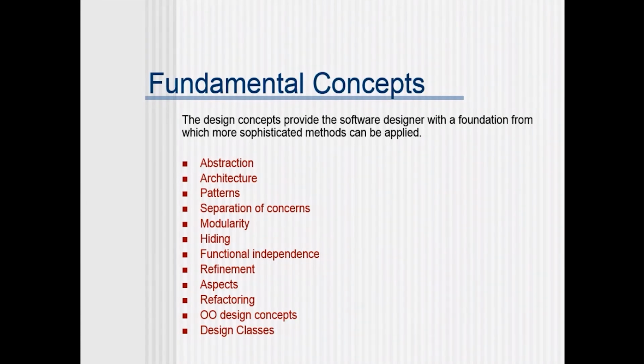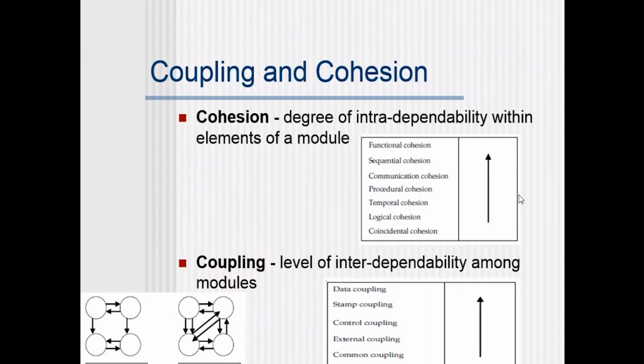See, cohesion means the degree of interdependability within elements of a module, and coupling means the level of interdependability among the modules. Right.